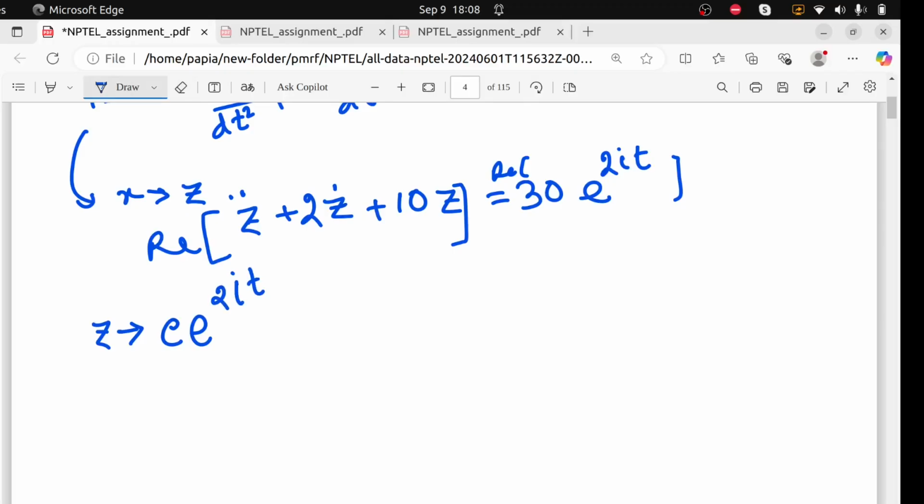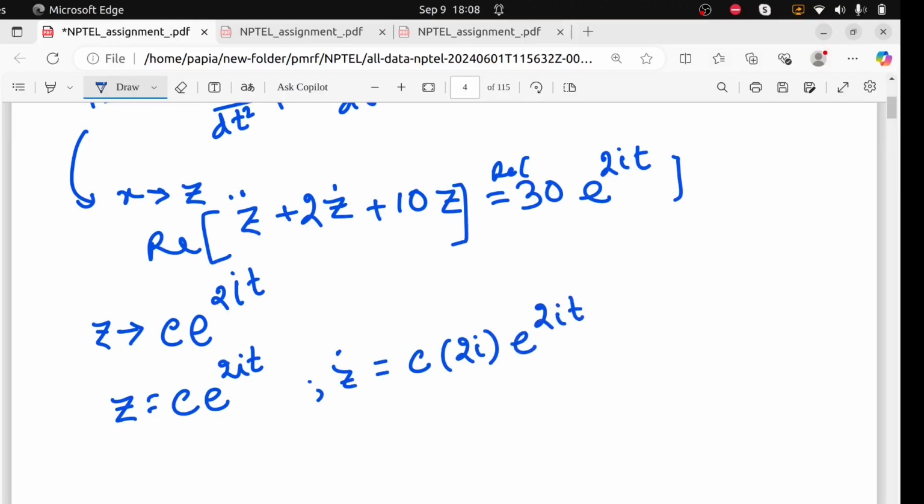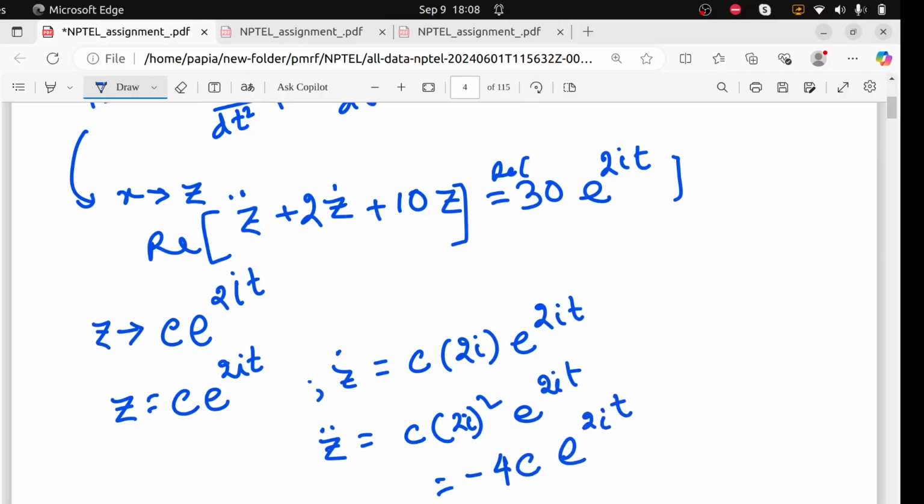Because on the right side it is e to the power 2it. So if z equals C e to the power 2it, then z dot will be C 2i e to the power 2it, and z double dot is C (2i) square e to the power 2it, which is nothing but minus 4C e to the power 2it.